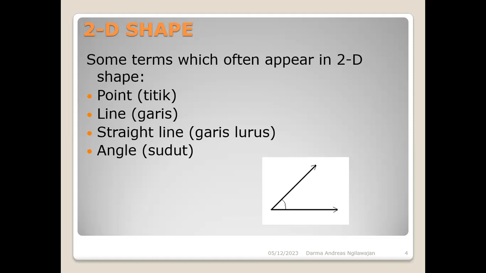The second one is line. In bahasa, we call it garis. The third one is straight line. In bahasa, we call it garis lurus. And the last one is angle. In bahasa, we call it sudut.